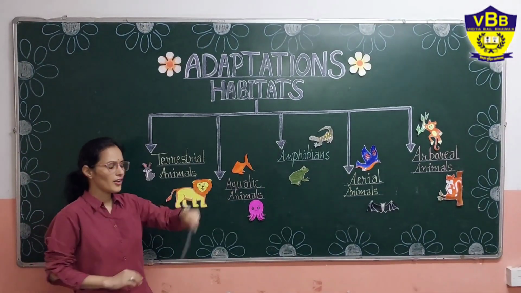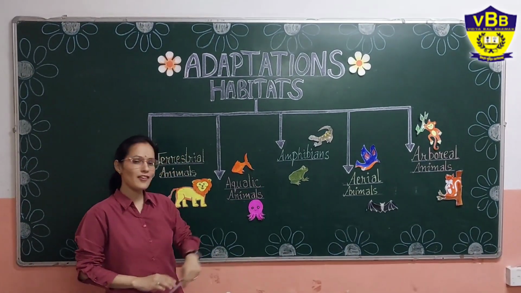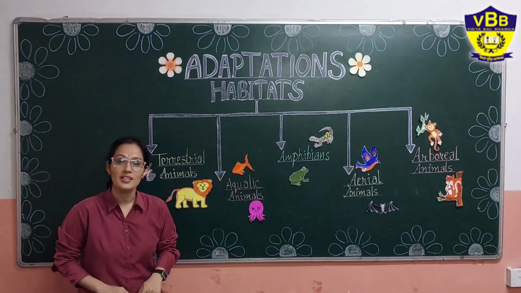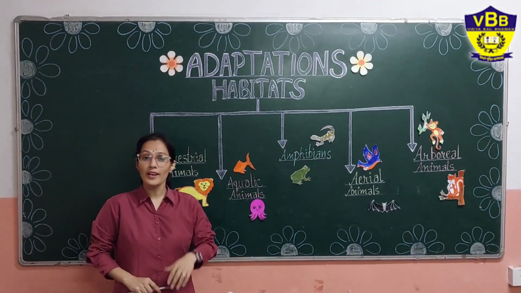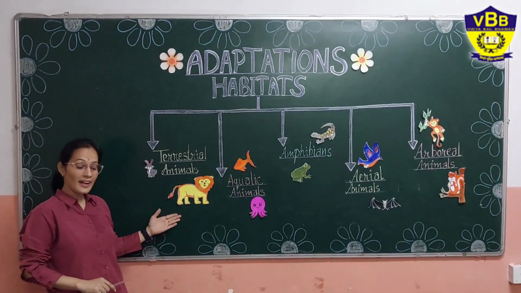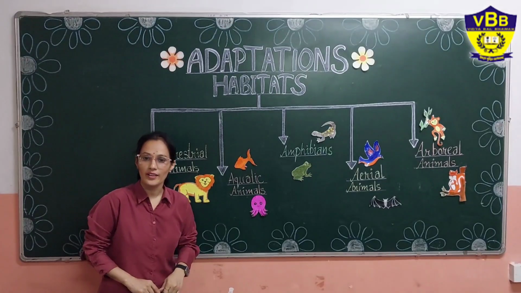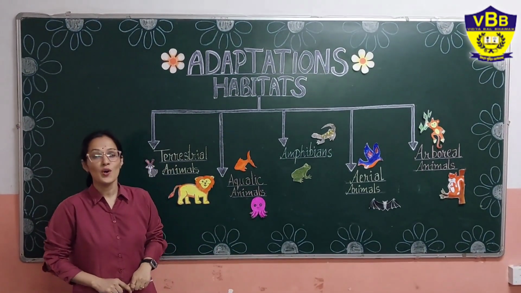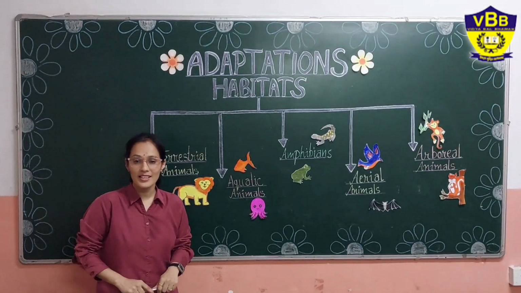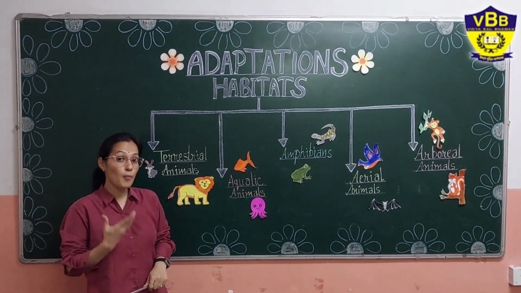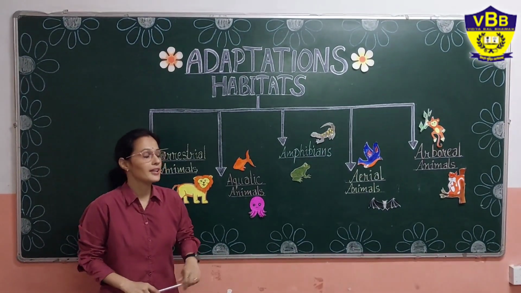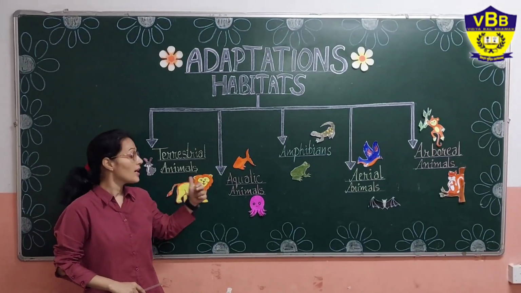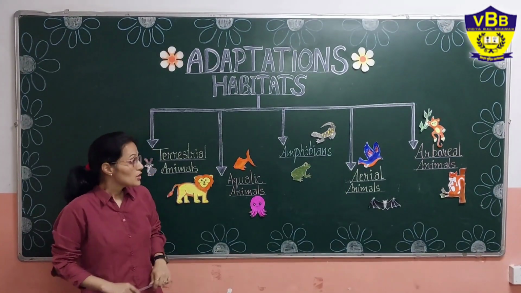Next category, a very interesting category, that is amphibians. So what are amphibians? Those animals who can adapt themselves to live on land as well as in water. Their body is adapted in such a way that they can live on land as well as in water.